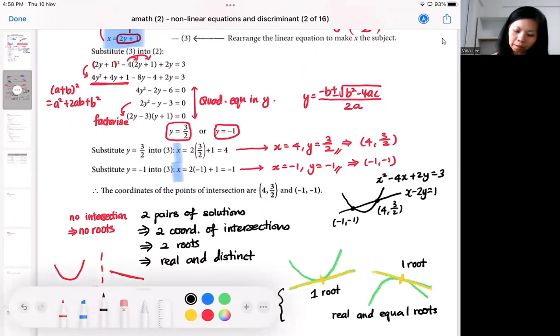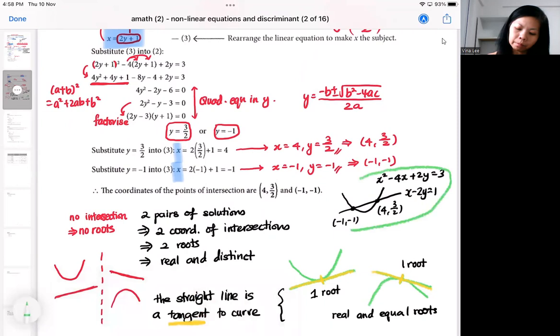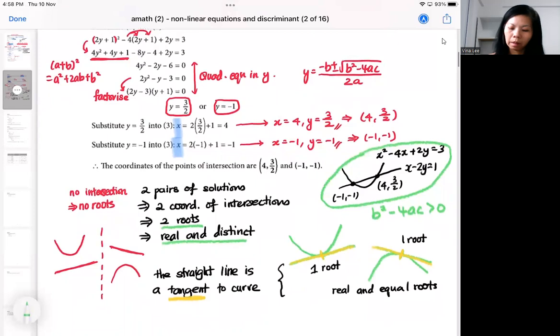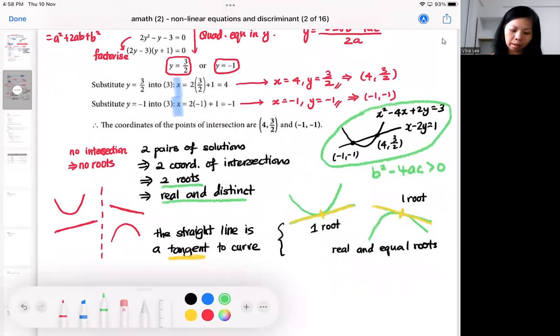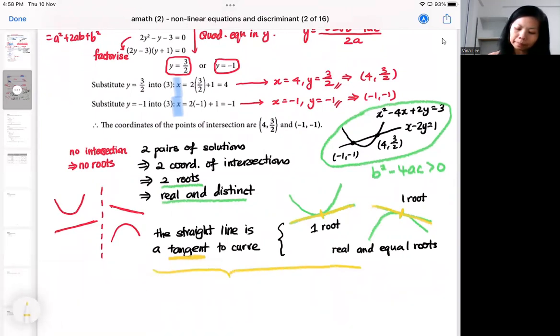For example, when there are two solutions, what we'll call the two root solution and real and distinct solution, the discriminant is positive. And if the curve and the straight line are tangent, in the tangent situation there's only one root, so the discriminant is equal to 0.